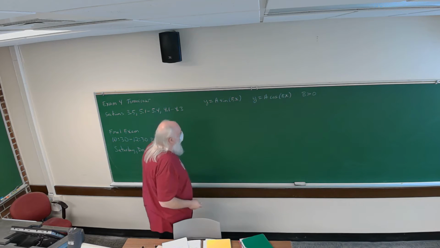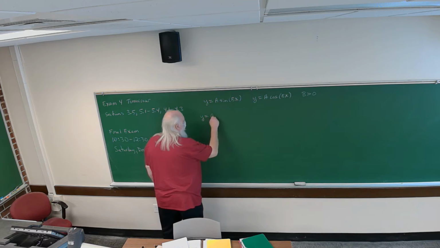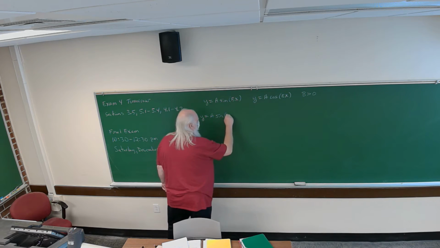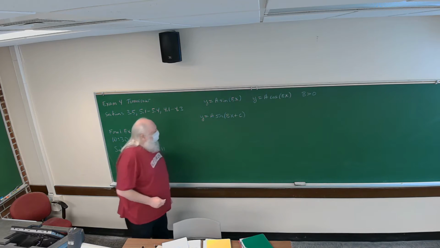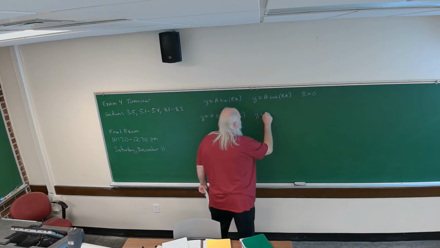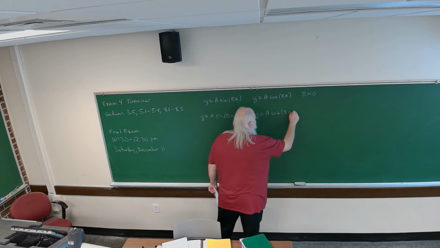A can be negative. And now we're going to talk about graphing transformed sine and cosine functions of the form a times the sine of bx plus c and a times the cosine of bx plus c.